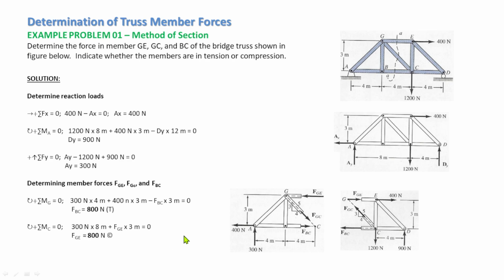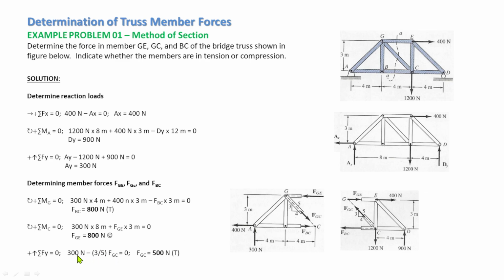Then the next one is to determine the force GC, which is this one here. To determine force GC, we can sum up forces along Y, and we have only one unknown. You see here, only FGC is unknown, and we have the 300 vertical reaction.